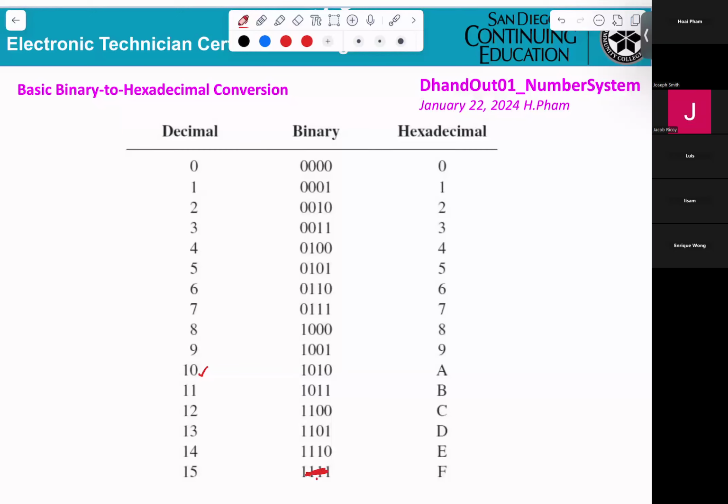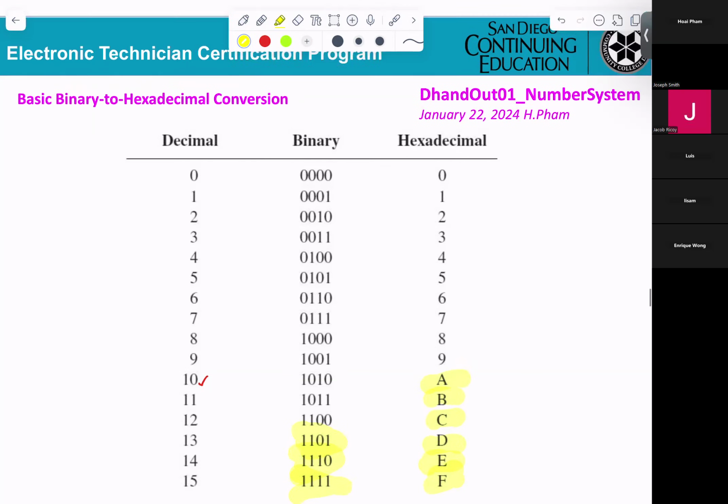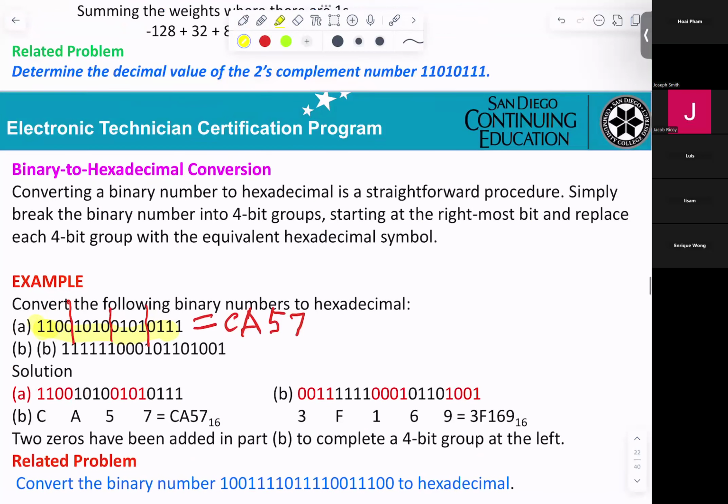Binary 1, 1, 1, 1, hex F. 1 1 1 0, E. 1 1 0 1, D. Okay. And C and B and A. You get the table. So no problem when you try to convert here.